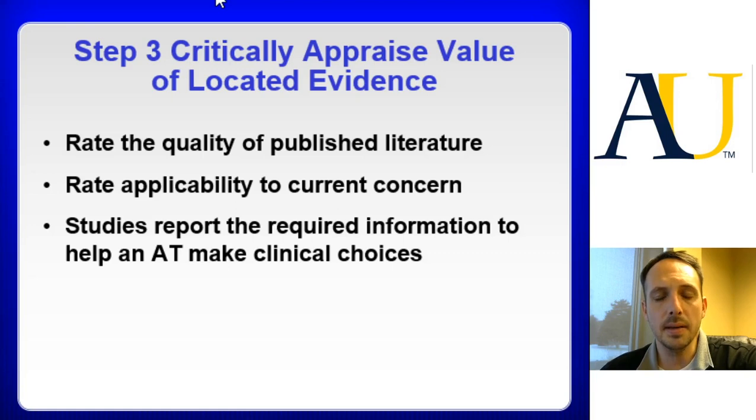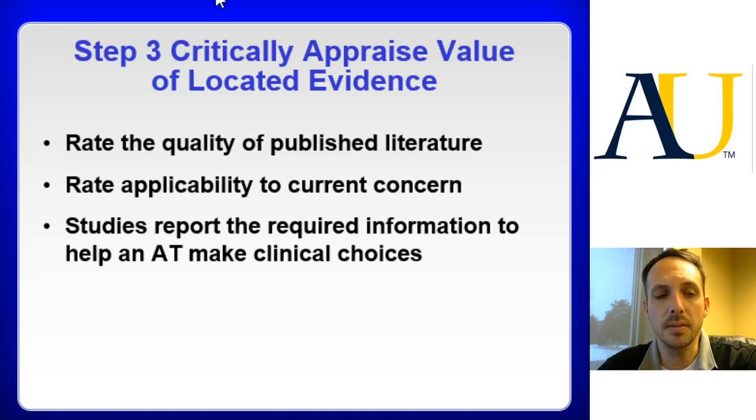Step 3 then is to critically appraise the value of that evidence. And the basic idea with this is we need to understand that not all evidence, not all sources are going to be created equal. The same way we might get advice from a bunch of different people, what we end up doing with that advice simply isn't an adding or subtracting formula. Some advice is worth more than others.